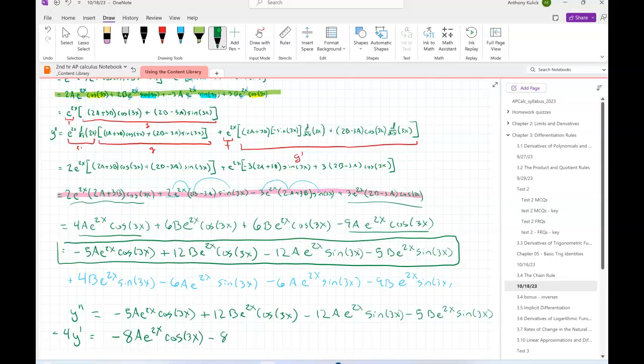And then minus 8b e to the 2x sine 3x, and then plus 12a e to the 2x sine 3x, and then minus 12b e to the 2x cosine 3x.